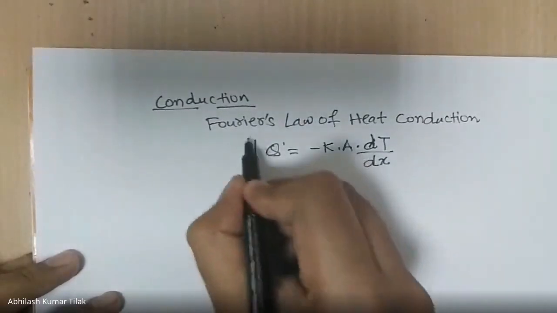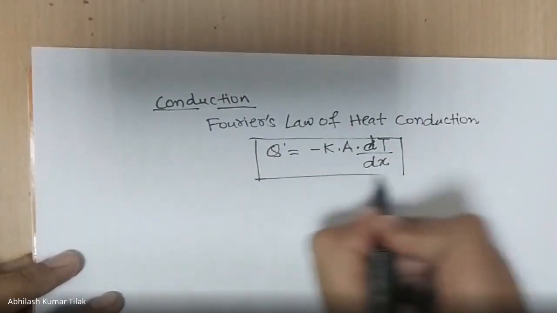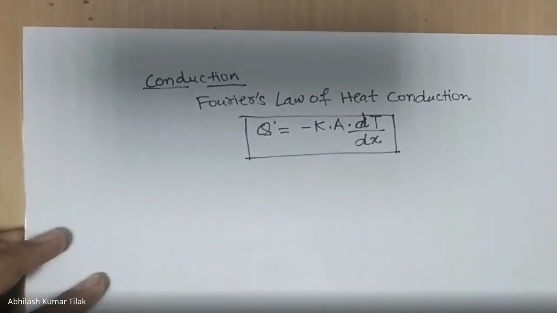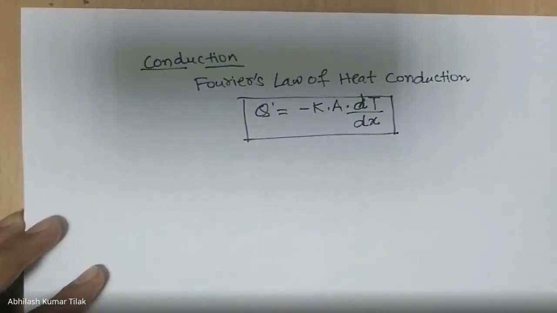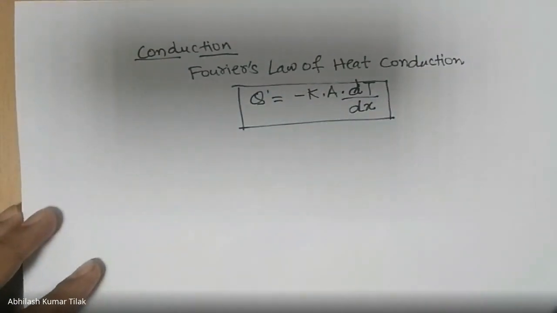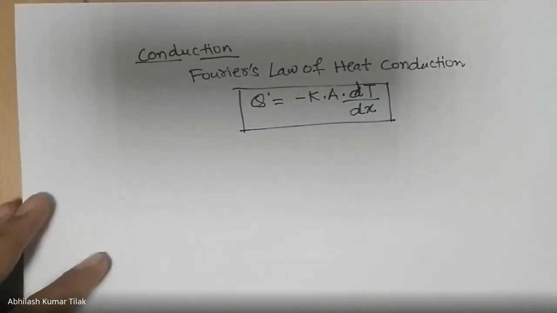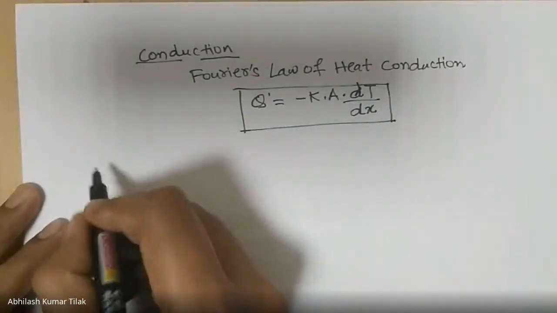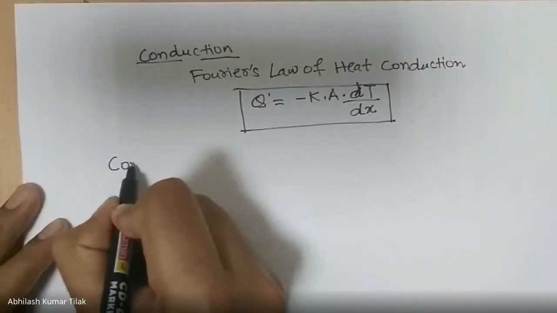This was Fourier's law of heat conduction. After that we discussed one of the properties, that was thermal conductivity. Thermal conductivity tells about the material's ability to conduct heat. So we moved to the second mode of heat transfer by the end of the class, that was convection.